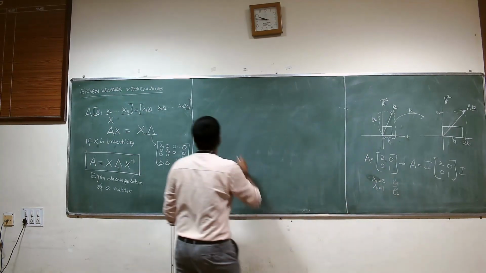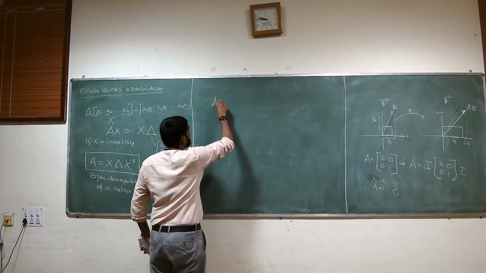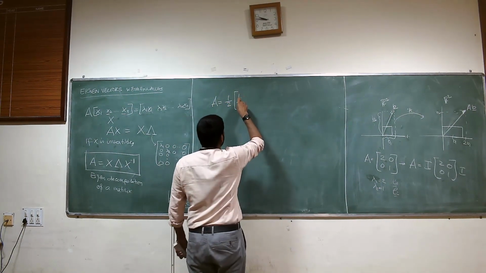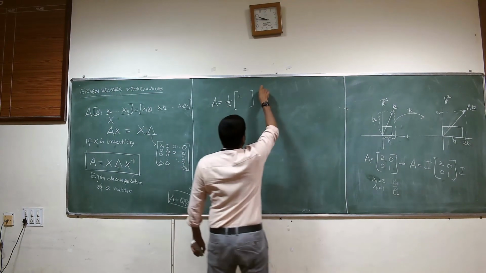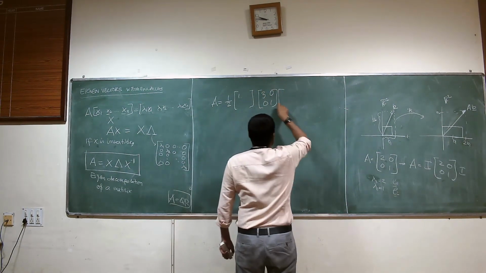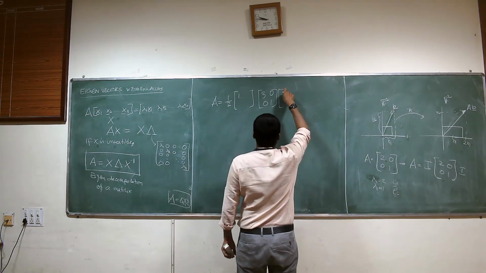Now instead, let's say we start with some A, and then you can tell me what this matrix will be. I'm writing the corresponding eigen decomposition.